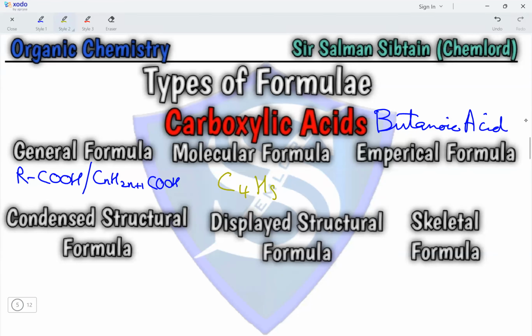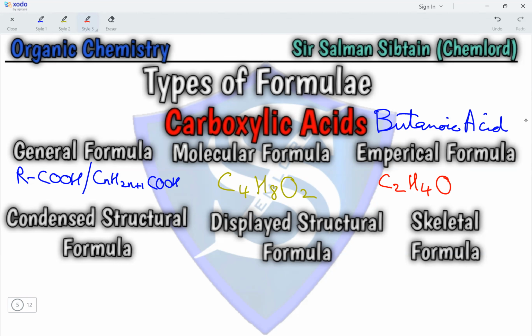So H8, and 2 oxygen atoms in the carboxylic group. So O2. C4H8O2 is the molecular formula of butanoic acid. In order to simplify this, we can divide these numbers by 2 so that we end up with C2H4O as the empirical formula, which is the simplest ratio of the elements present in the compound.